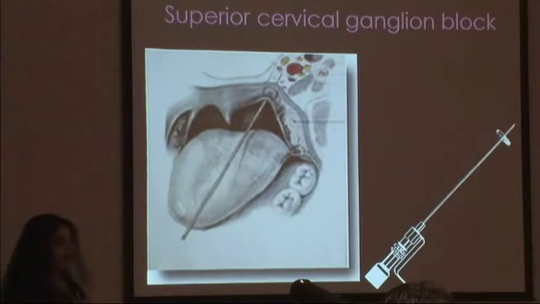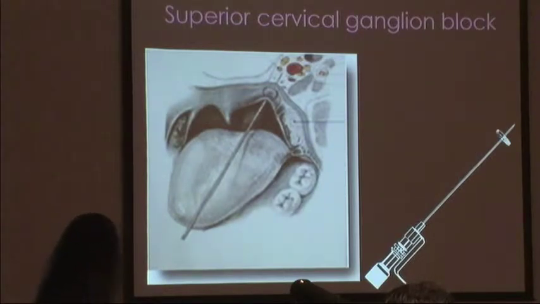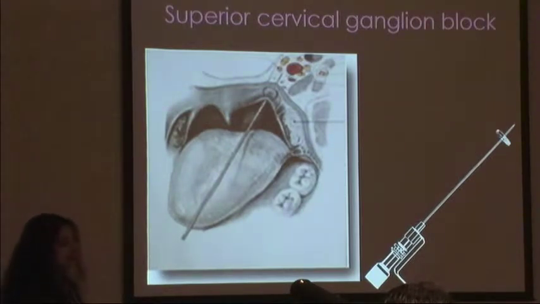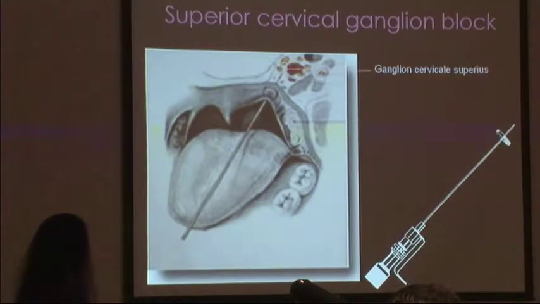We usually, in Hamburg, where I work, when we do the upper cervical ganglion blocks, we do the oral block. Now, you need this thing, which is a special guide for the needle, to reach the upper cervical ganglion, which is sitting back there. You have a spacer. This thing stops your needle from going much further into the soft tissues.